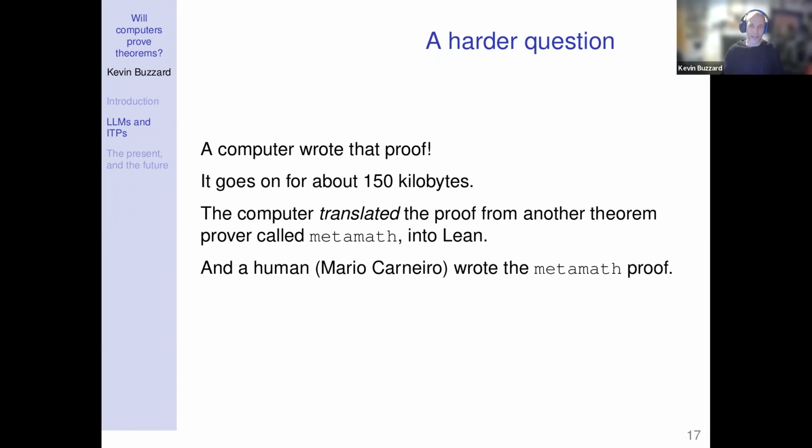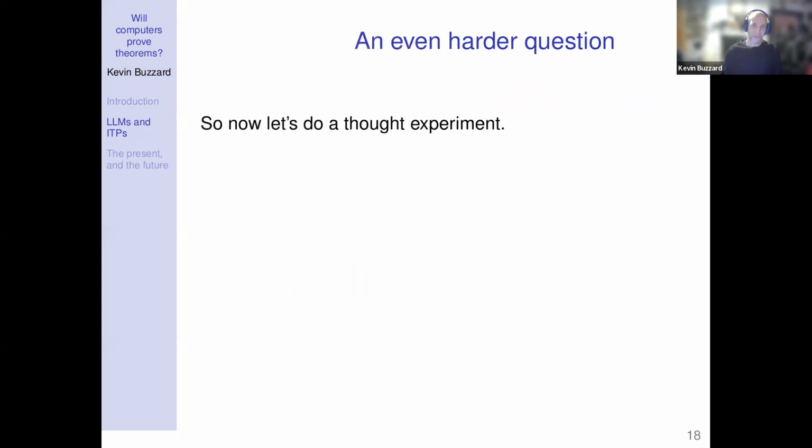Mario Carneiro wrote the MetaMath proof, and Mario Carneiro also wrote the program which did the translation. Mario's good at computers, and it was translated into this incomprehensible, to me at least, Lean proof. But at the end of the day, you can run it, and Lean says it's correct, and so it must be correct. So there you go.